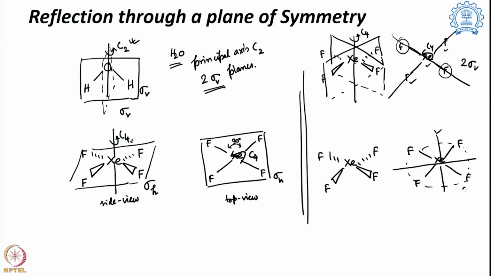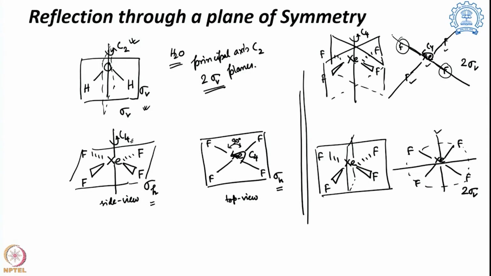So there are two other sigma V's. This is nothing but the plane of this molecule and perpendicular to it, very similar to the water I have drawn. So these are the other sigma V's. So there are 4 sigma V's and 1 sigma H plane, which is the plane of the xenon fluoride.